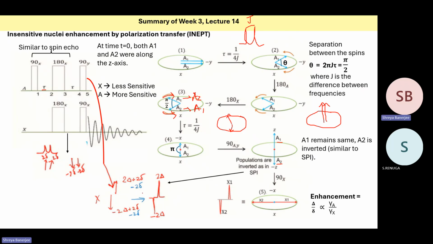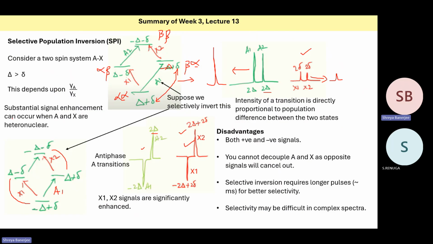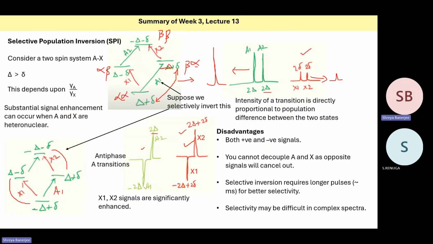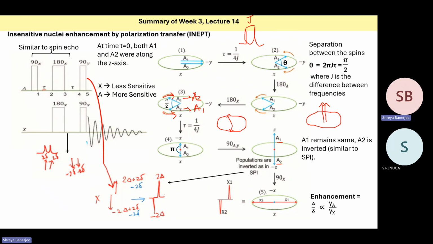If that is happening, then we have already seen that in the case of population inversion, this kind of situation will happen. We just saw in population inversion, the signals of A had become minus 2 delta and 2 delta. That is what is happening. The signal of A is minus 2 delta and 2 delta.